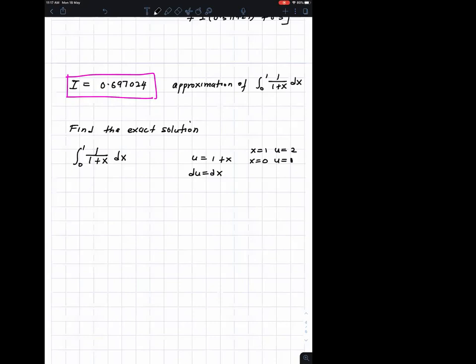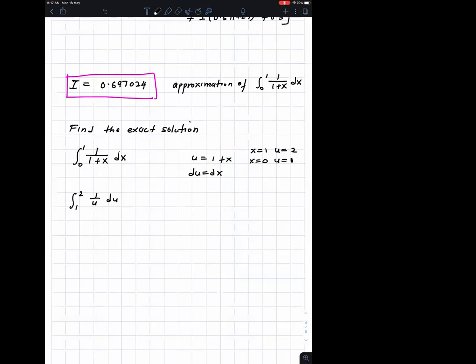Because I already defined my u to be 1 plus x, I've already changed the variable to u, so I also have to change the upper and lower limits. With this substitution, now my lower and upper limits are 1 to 2. It's 1 over u, du.